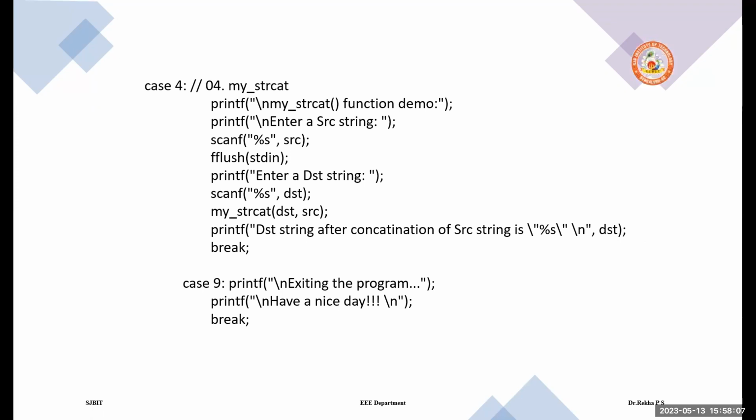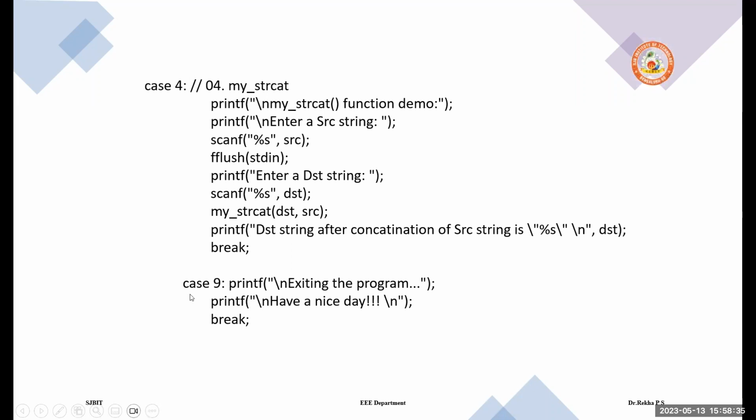Now, if the user has not opted for any case, either case 1, 2, 3 or 4, it will go to the default case. But here, if he has entered 9, it will come to this statement, because this is how I designed the program.